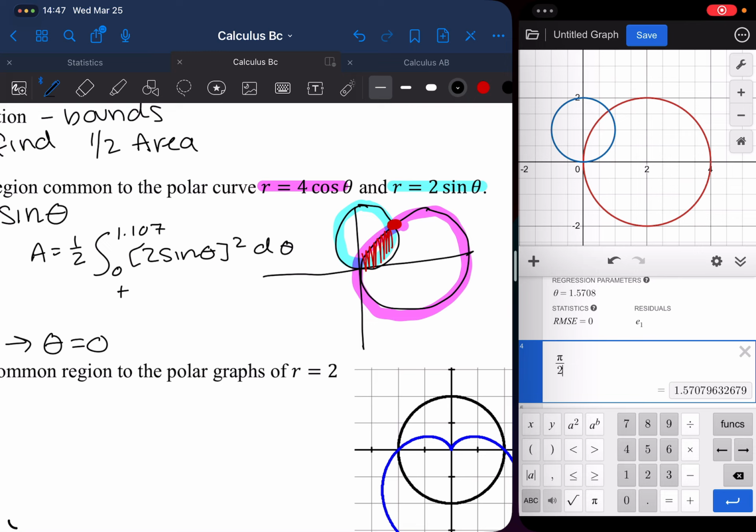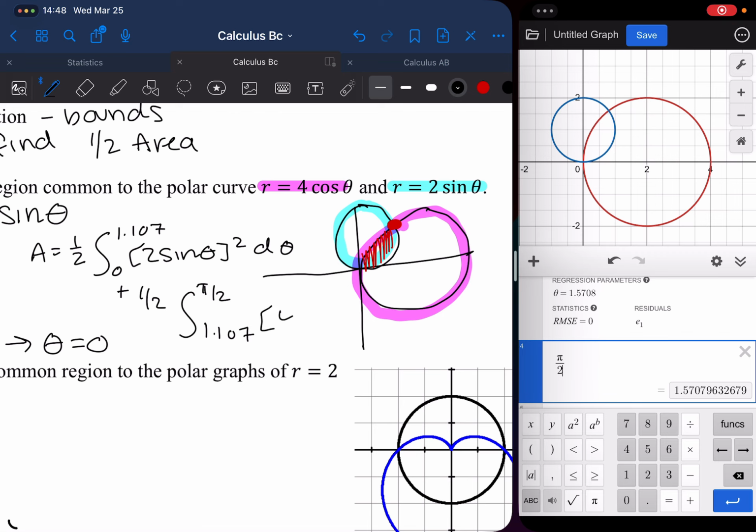And then we're going to add 1/2 integral, and we're always going to start where we ended on the last integral. So since we ended at 1.107, which was the intersection, I'm going to write that value. And then when we set the cosine function equal to 0, we got pi halves. So pi halves is the other bound.